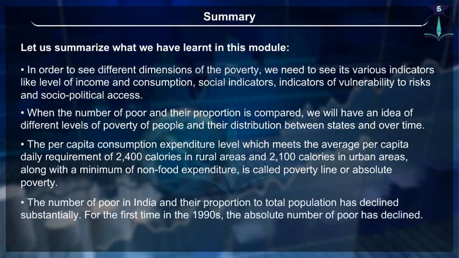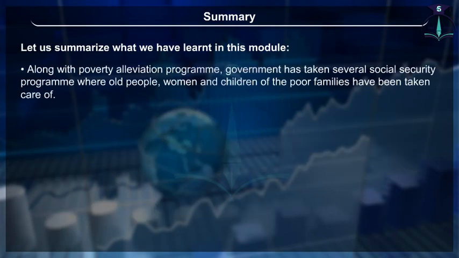The number of poor in India and their proportion to total population has declined substantially. For the first time, in the 1990s, the absolute number of poor has declined. Along with poverty alleviation programs, the government has taken several social security programs where old people, women and children of the poor families have been taken care of.